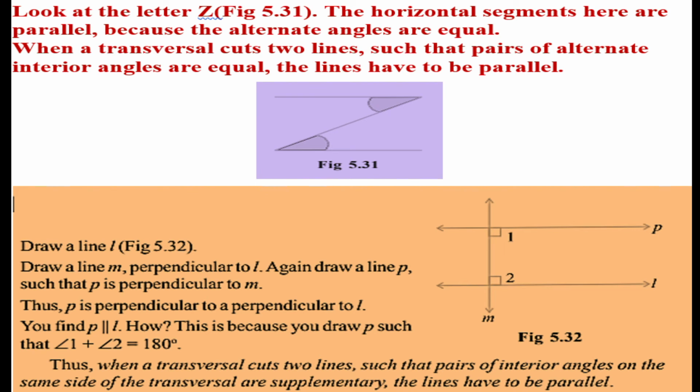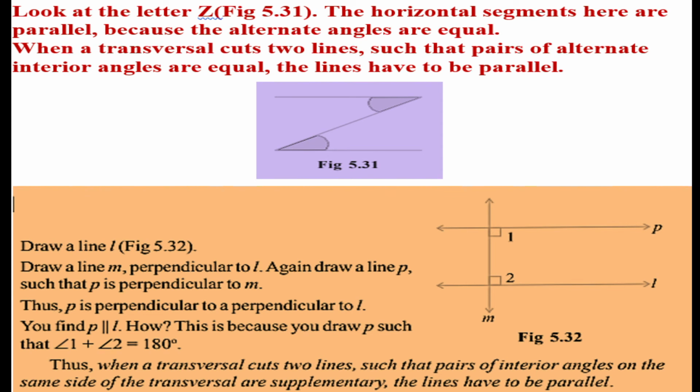Next you come to 5.32. Draw a line L. Draw a line M perpendicular to L. Again draw a line P such that P is perpendicular to M. Thus P is perpendicular to a perpendicular of L. So you can find P is parallel to L. How?